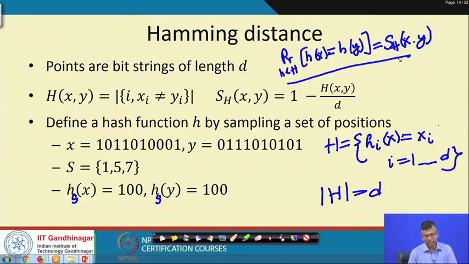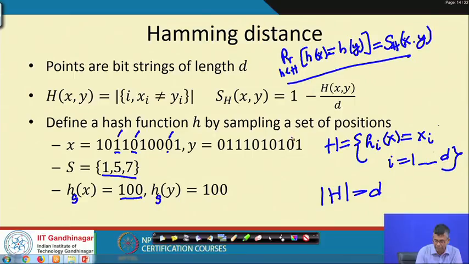Instead of a single coordinate, let us pick k coordinates. Supposing we are picking 3 coordinates, 1, 5, 7, and we define a hash function out of these 3 coordinates. For instance, if I pick s to be 1, 5, 7, which is position 1, position 5, position 7, then for x we look at only the bits in positions 1, 5, 7, that gives us 1, 0, 0.